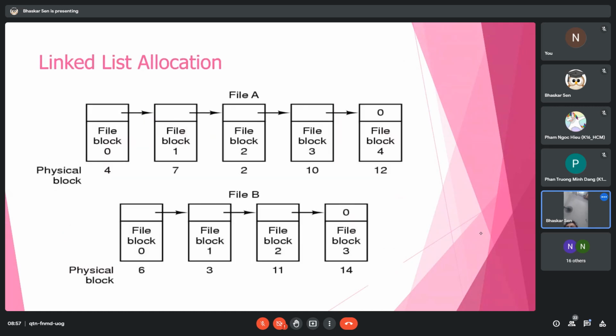As you can see, they're disjoint. That means they're scattered in different parts of your RAM. But the challenge here will be to keep track of their disk addresses. So disk addresses must be noted down. And the way we follow this linked list, that's why we call it linked list allocation, is, say for example, these are the disk addresses that we have.